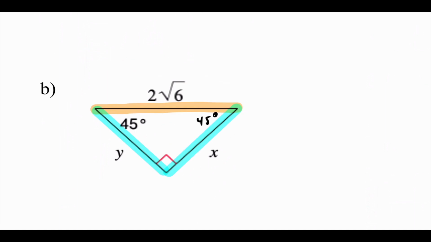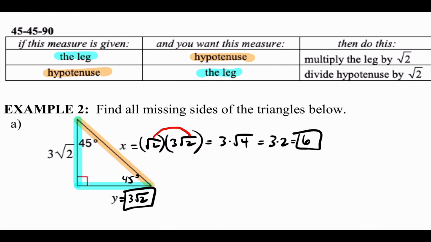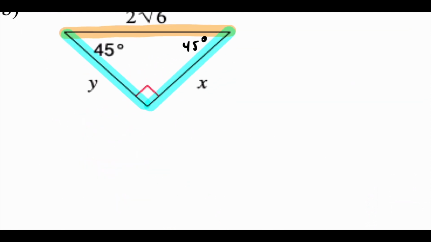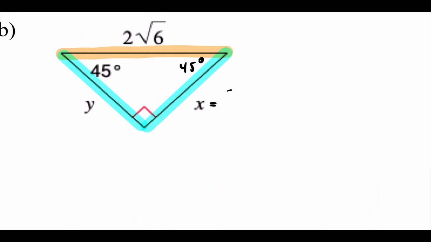Okay, so I'm going to go to my cheat sheet table here. They've given a hypotenuse, I have to find a leg. So I'm going to divide the hypotenuse by the square root of 2. So I have 2 square root 6 divided by the square root of 2.